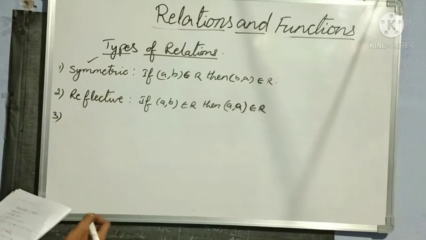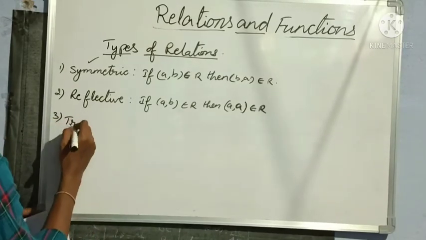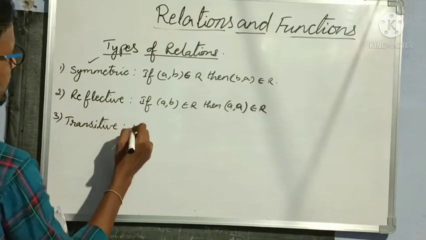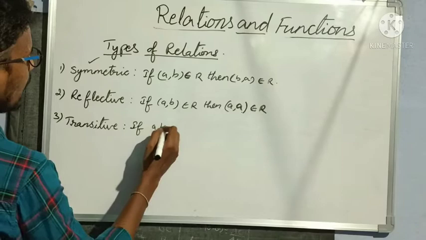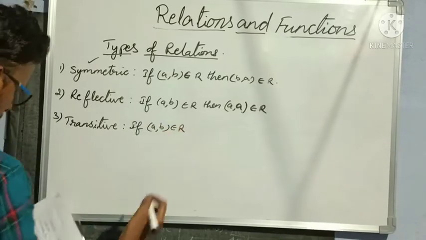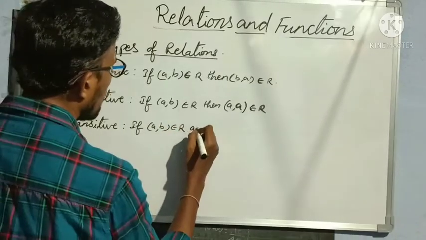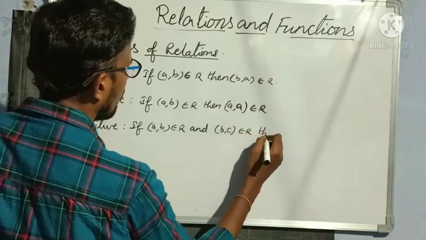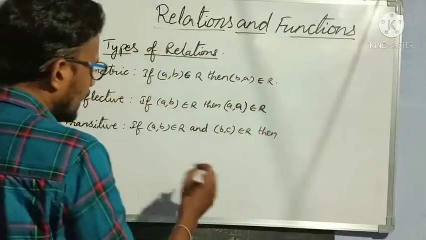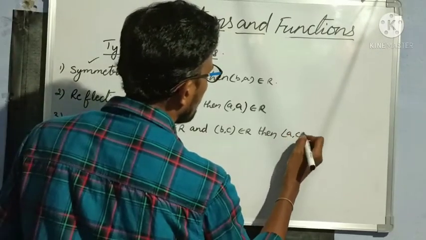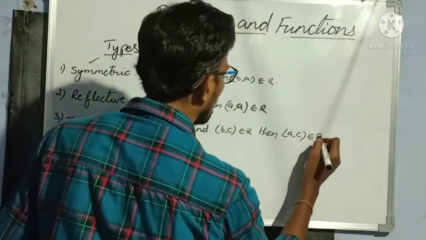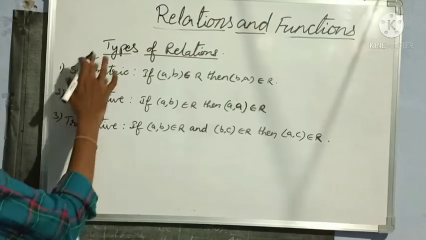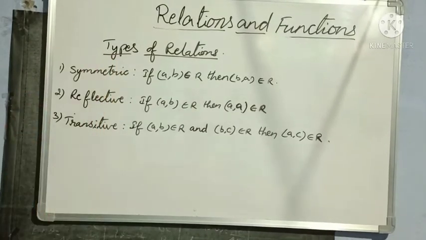Next, third one, transitive relation. What is transitive? If (a, b) belongs to R and (b, c) belongs to R, then there should be one relation such that (a, c) belongs to R. Understood? Then such type of relation is called what? Transitive relation.